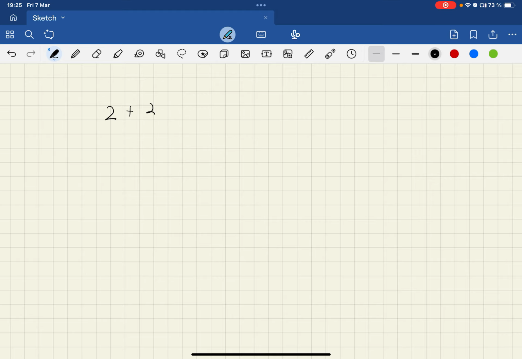Like 2 plus 3 and 2 times 3, which you can clearly see that this plus sign is something that adds 3 to 2, and this multiplication is what scales 3, 2 times.